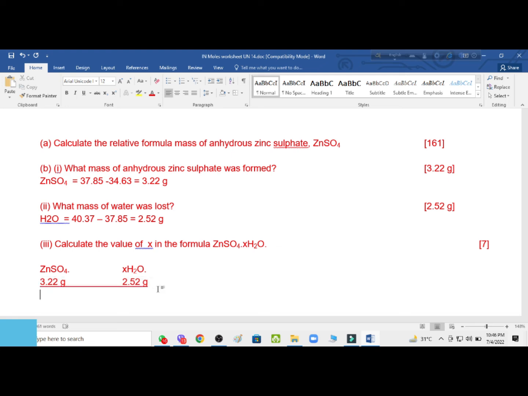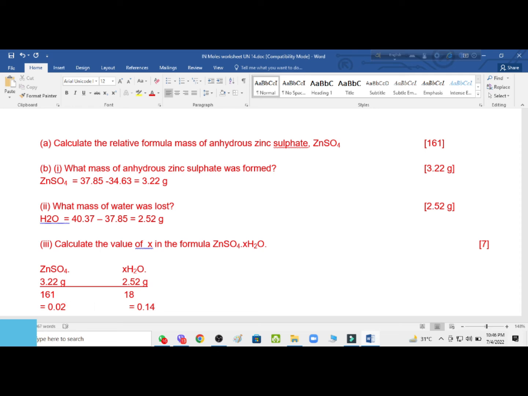The zinc sulfate, according to the first question, is 161, and for water this is 18. What result do we get here? 3.22 divided by 161, we get 0.02. And for this, 2.52 divided by 18, what do you get here? 0.14.